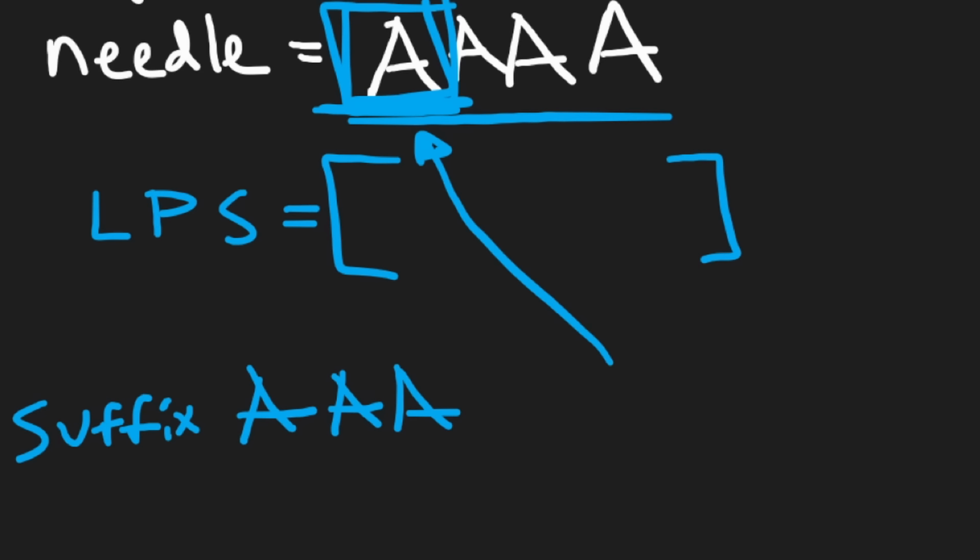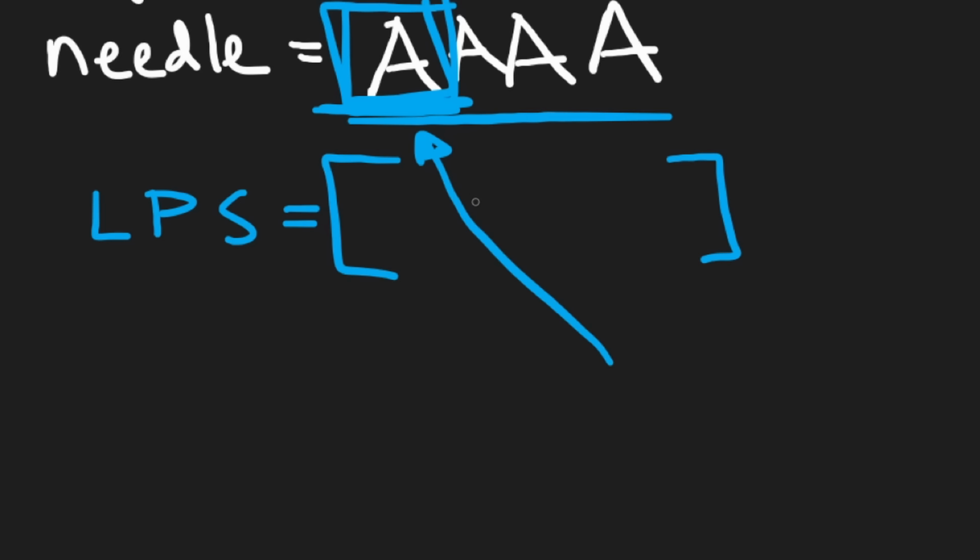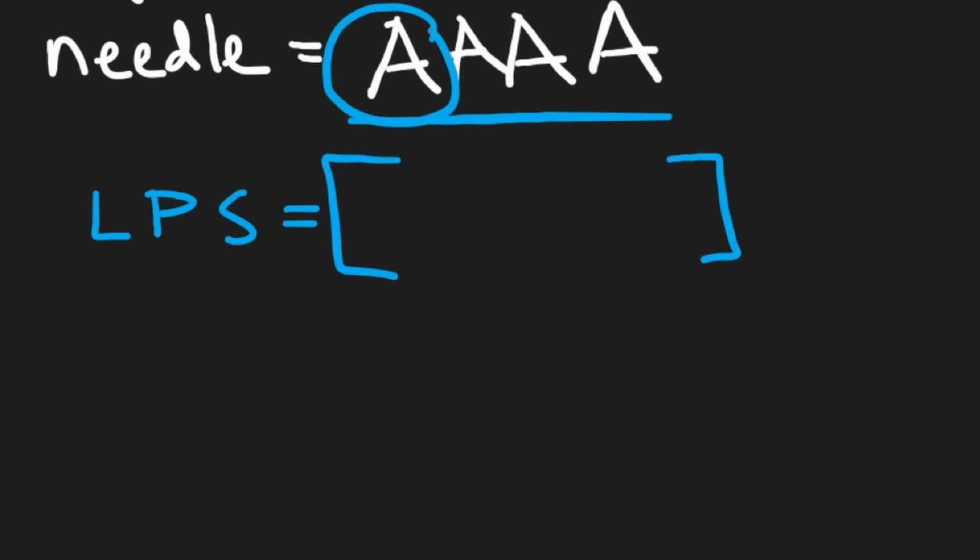So we want to know for this little substring with just a single A, what's the longest prefix that's also a suffix? Well, the string itself, A, is a prefix and a suffix, right? So can we just take the length of that and say 1 for the first position? Well, not exactly, because I kind of lied. We're not just looking for the longest prefix that's also a suffix.